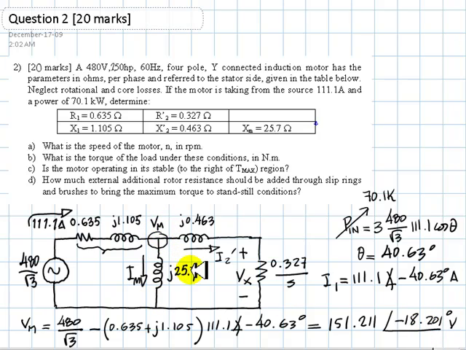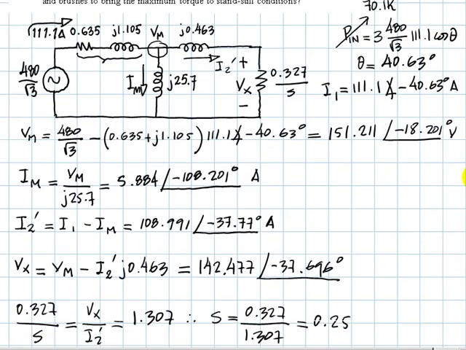With that voltage and this impedance, we can determine the magnetization current. Let's move down a little bit like so. That current is this voltage Vm divided by the impedance j25.7, is 5.9 amps with some phase. With those two currents, I can compute the current of the rotor referred to the stator, I2 prime, like so.